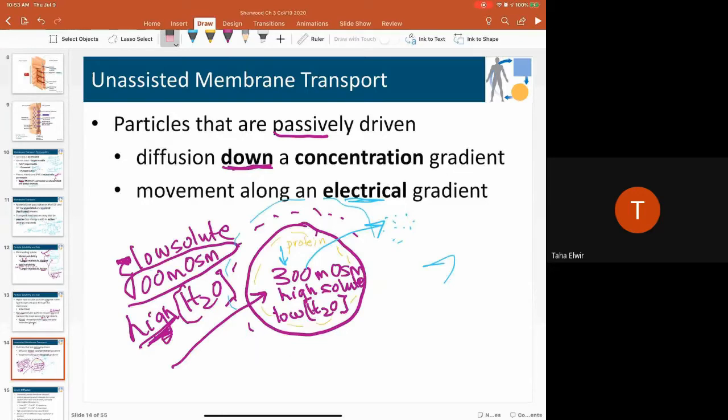So where the concentration gradient could lead to rupture of the cell, now we're just going to be talking about the electrical gradient.